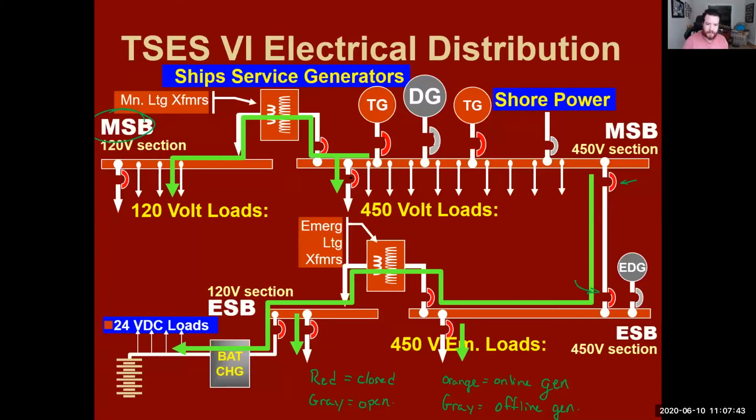You're basically feeding your main switchboard to your emergency switchboard, which is going to feed your emergency switchboard 120 volt section. So keep that in mind. Your emergency lights are scattered throughout the ship and they're on always.